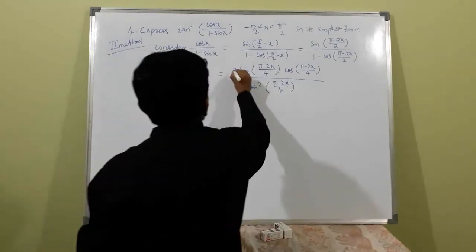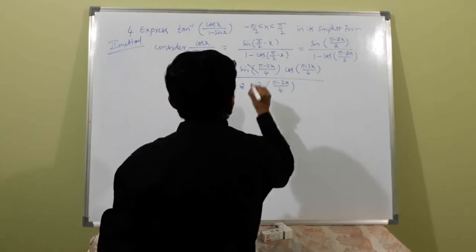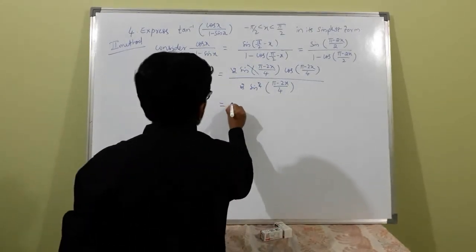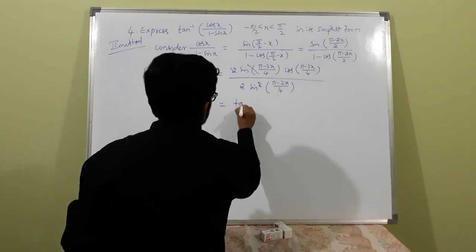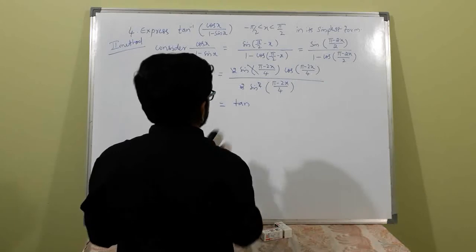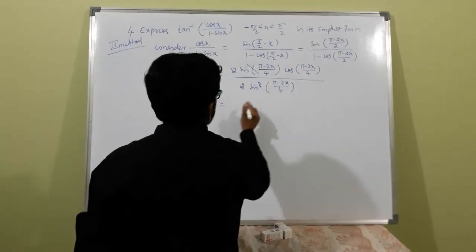Okay, so 2 gets cancelled, and one sin cancels with this one. This will be cos theta divided by sin theta.